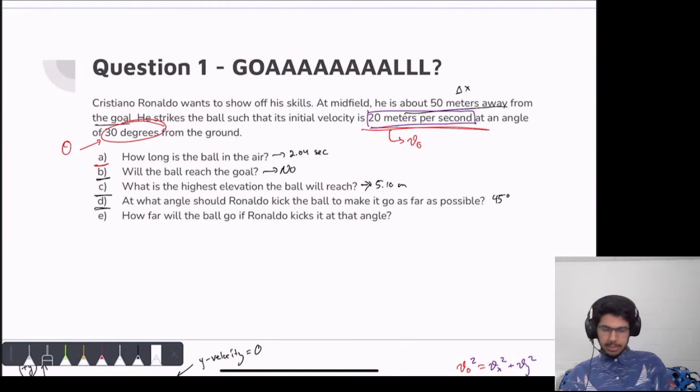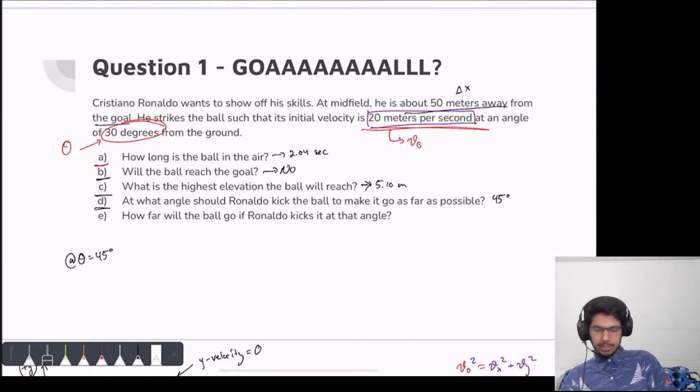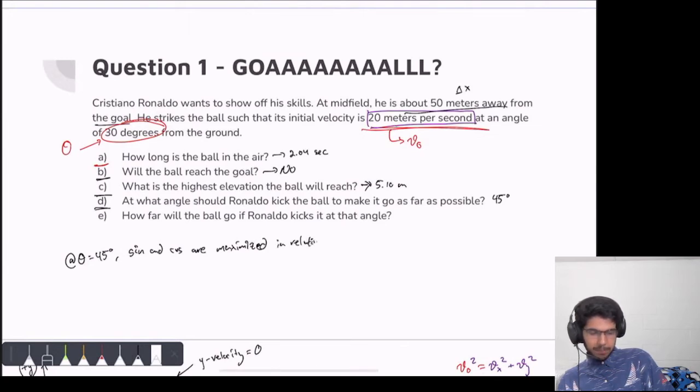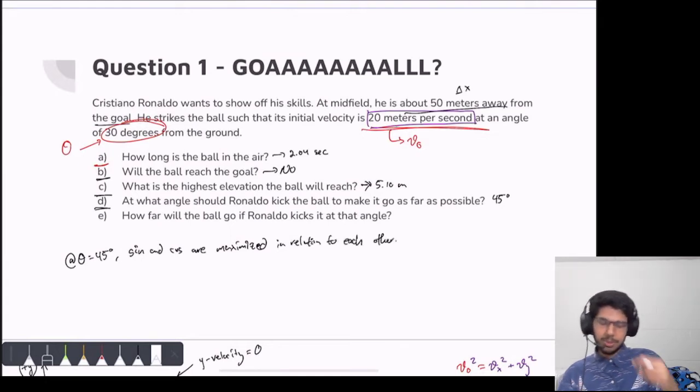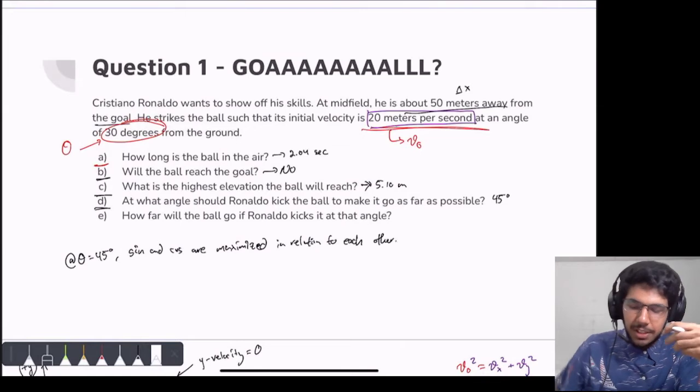And the reason is because at theta equals 45 degrees, both sine and cosine are maximized in relation to each other. So that seems a little bit confusing. Sorry, I hit the mic.